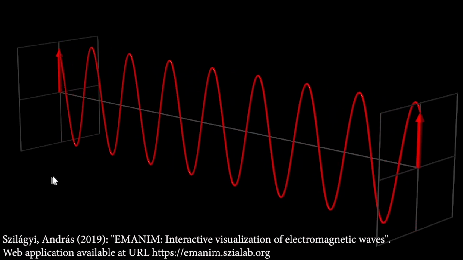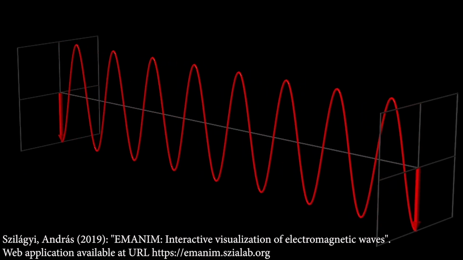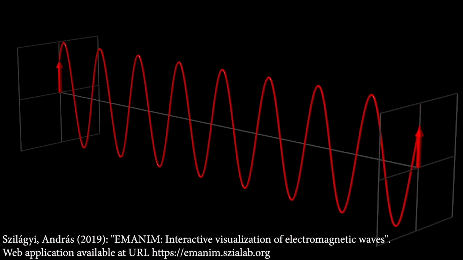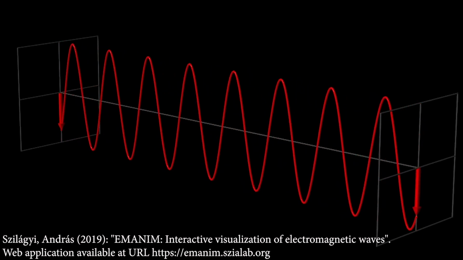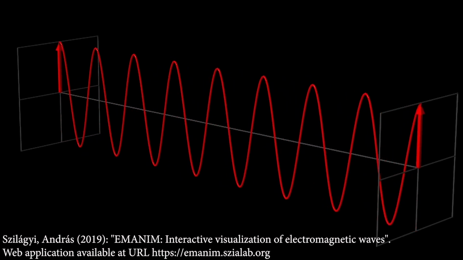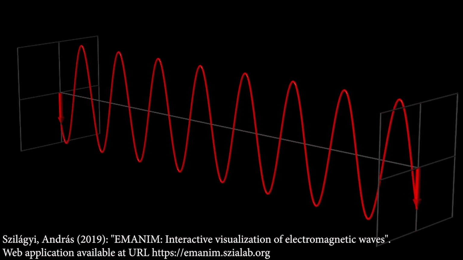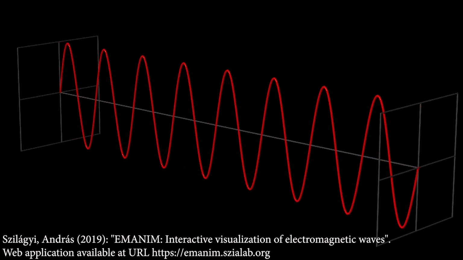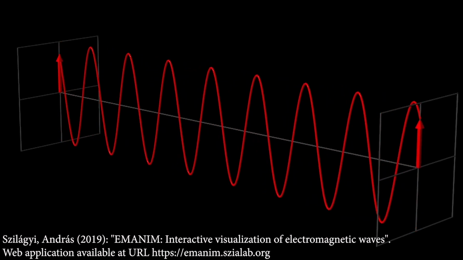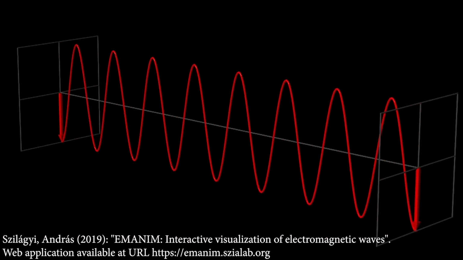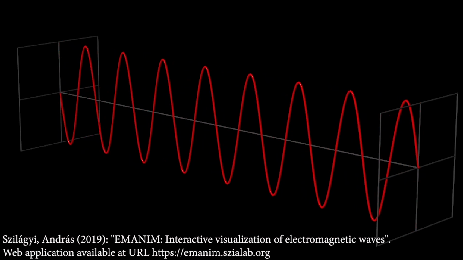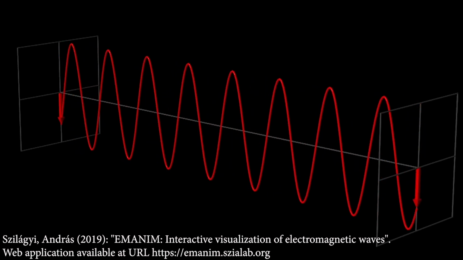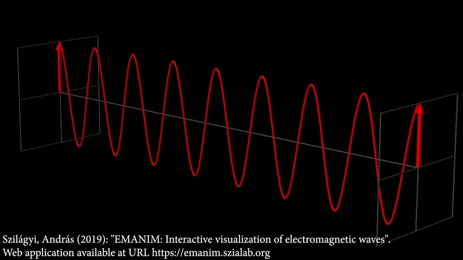Let's return to that cool standing wave animation to look at what happens if we put a material in the way of our light such that the energy of the electron levels in the material matches the energy of the light. Or we could say the wavelength, because wavelength is frequency is energy, right?